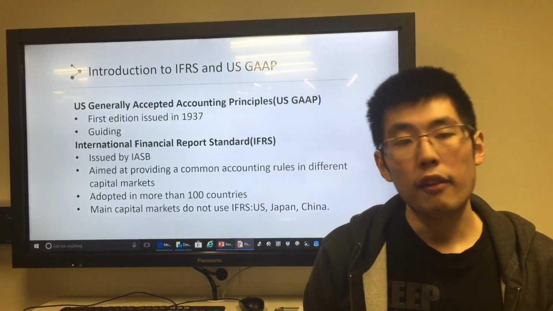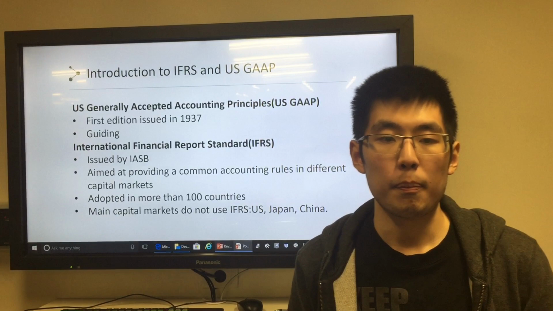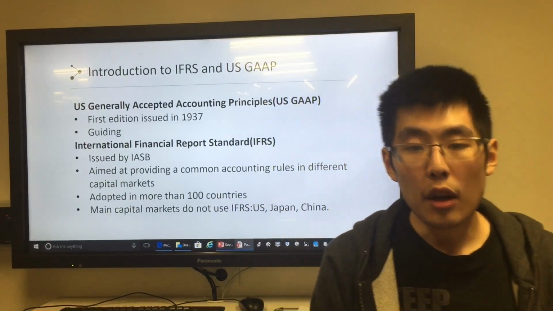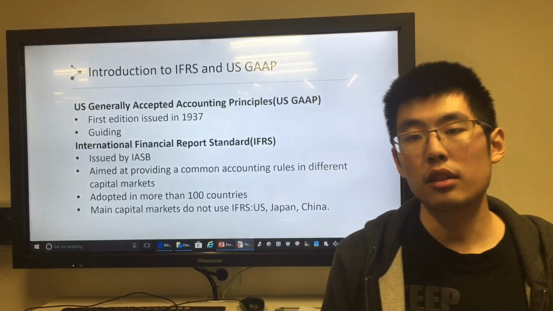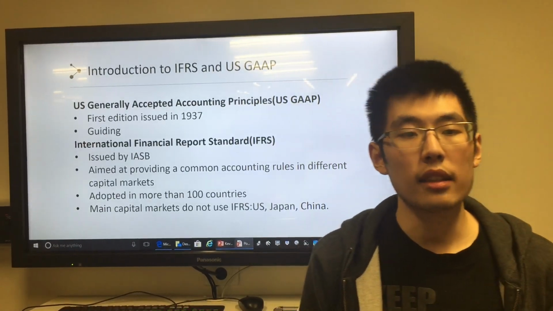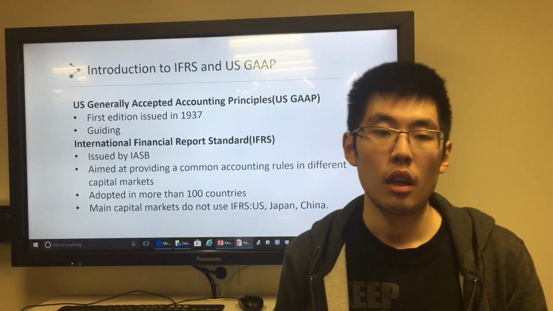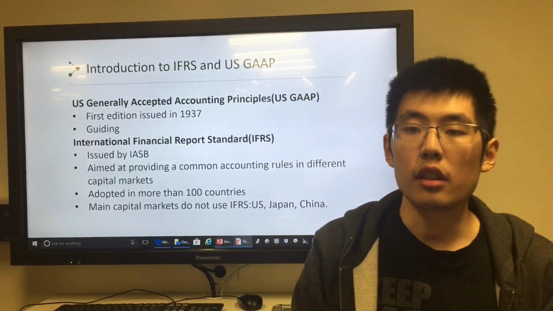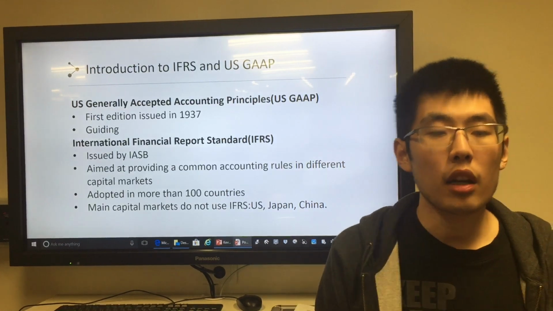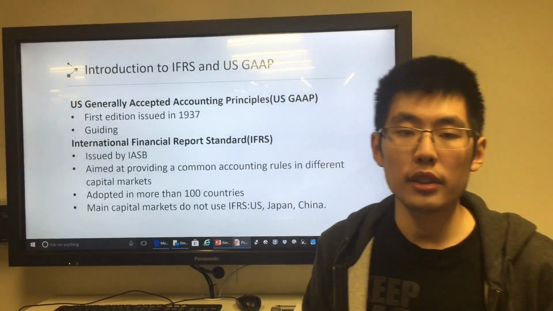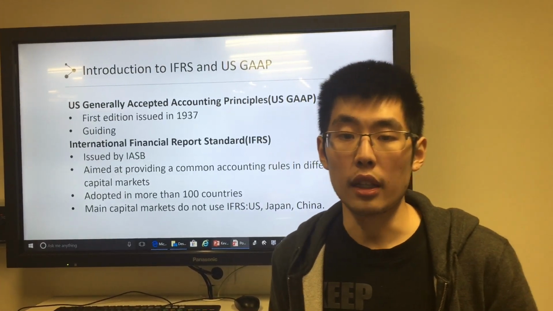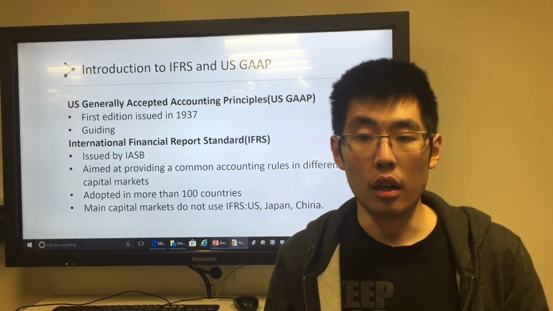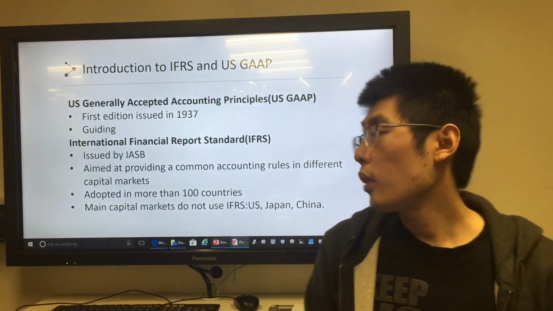IFRS is adopted by more than 100 countries in varying degrees, while US GAAP is the accounting standard used in the US. The two standards have many differences, but they are being developed to remove those differences and achieve the harmonization of international accounting standards.